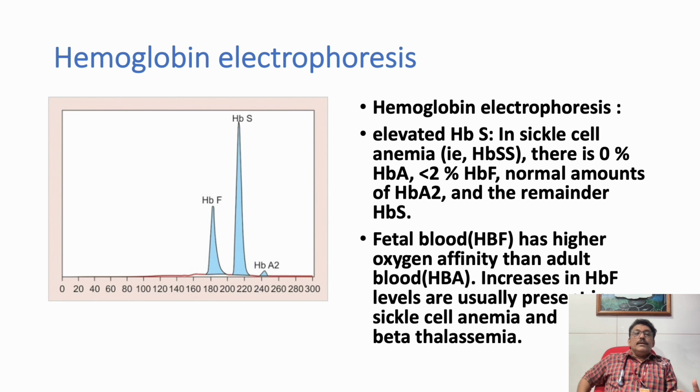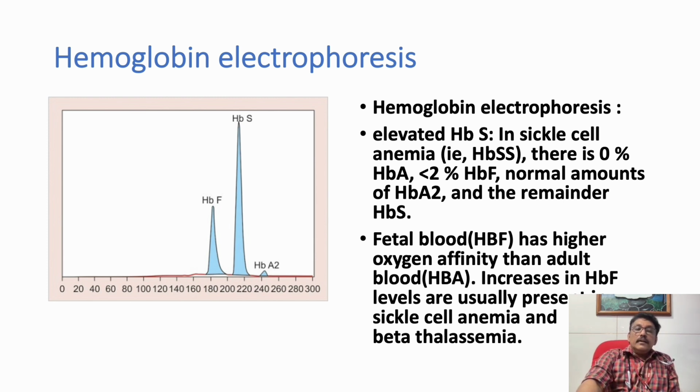Hemoglobin S will be very high, and to compensate, hemoglobin F, that is fetal hemoglobin, will be increased. Hemoglobin A is very low. So, HbA is low, HbS is very high, and HbF tries to compensate for the loss of HbA. That is the finding in hemoglobin electrophoresis.